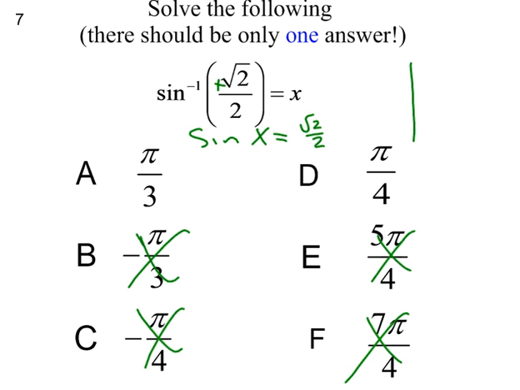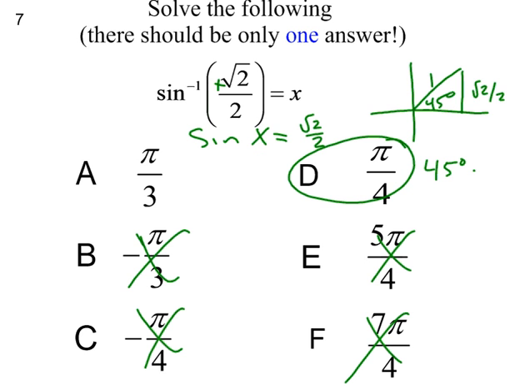And hopefully we realize that's your 45-degree angle in your first quadrant. But we can't use 45 degrees because you don't see 45 degrees, so we convert. Hopefully we know that 45 degrees is pi over 4, but if we don't, we multiply it by pi, divide by 180, and reduce our fraction, and we'll get pi over 4.